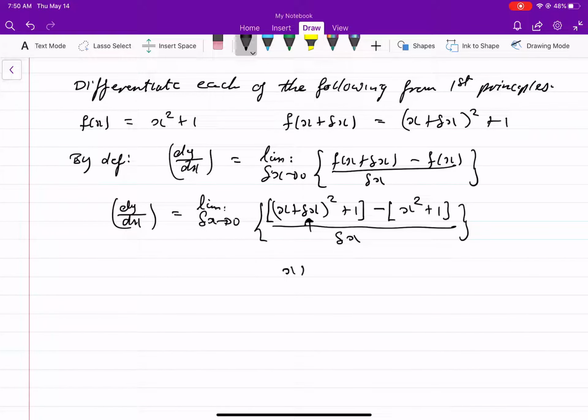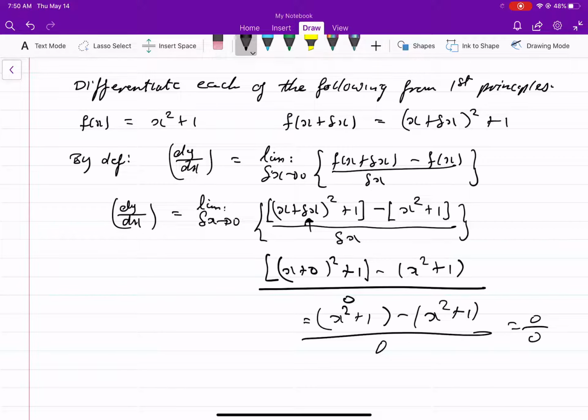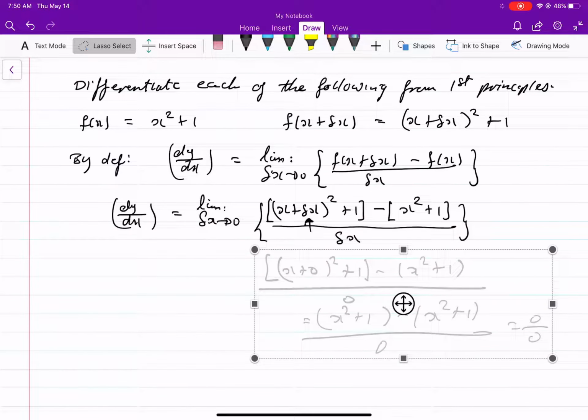So I'll have x plus 0 all squared plus 1 minus x squared plus 1, all upon 0, which gives me x squared plus 1 minus x squared plus 1 upon 0. In my numerator, I also have 0 upon 0. I remember whenever we end up with 0 upon 0, we say that is undefined.